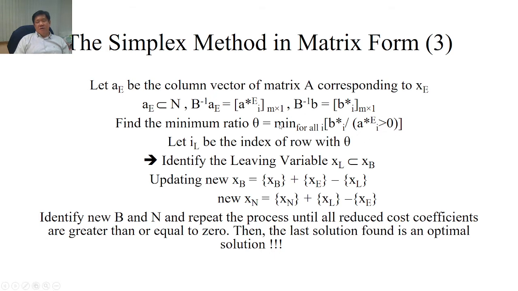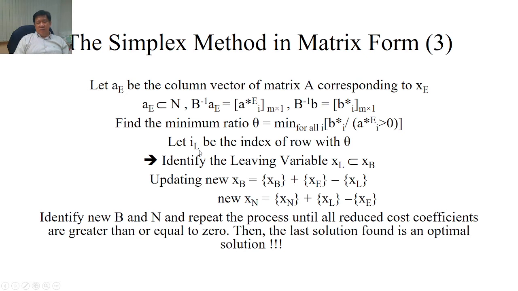This is what we call the pivot point during the row generation of the simplex algorithm. And then suppose that you have i sub L, capital I, be the index of the row according to that minimum ratio zeta.